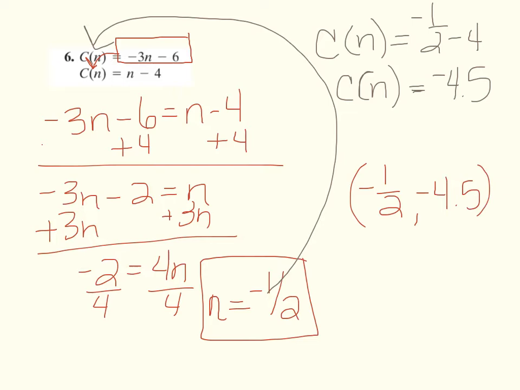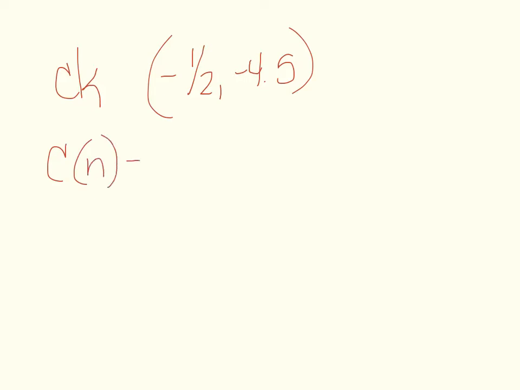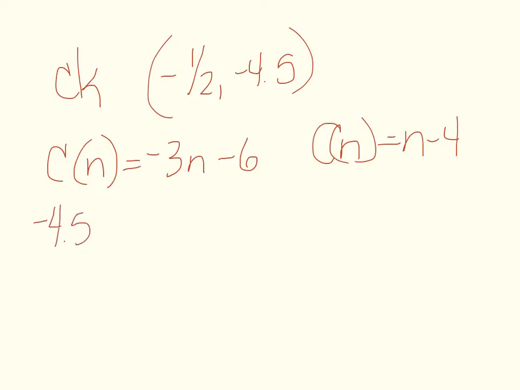Now the directions say to do a check, so we need to do that. So the check, remember the solutions were negative 1/2, negative 4.5. So I need to check both equations. c of n equals negative 3n minus 6, and c of n equals n minus 4. So negative 4.5 equals negative 3 times negative 1/2 minus 6.